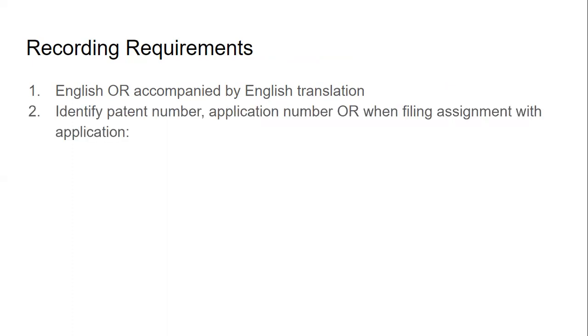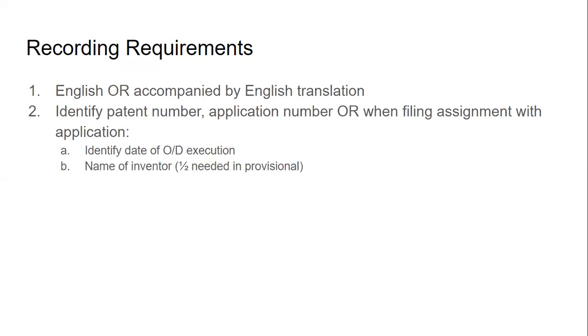It has to identify the patent number, application number, or if you're filing the assignment with an application, right? So in that case, it hasn't been assigned an application number. Then you have to identify the date of the oath declaration execution, name all the inventors, and then the title of application.